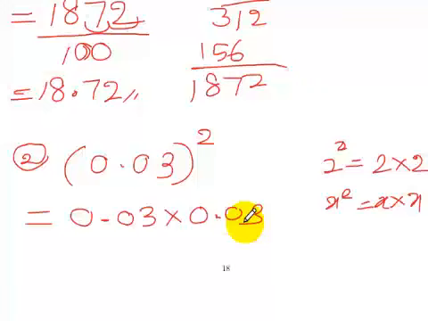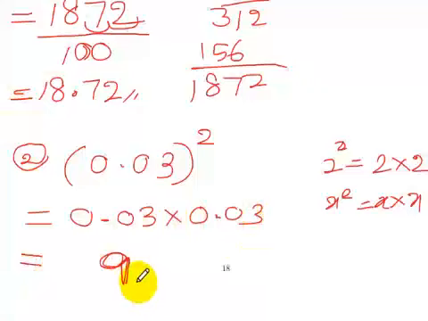Now you can use any method. Here I will use the second method, that means without considering any decimal I multiply 3 by 3, that is 9, right? 9. Now I go to the problem and count the number of decimals: 1, 2, 3, 4.